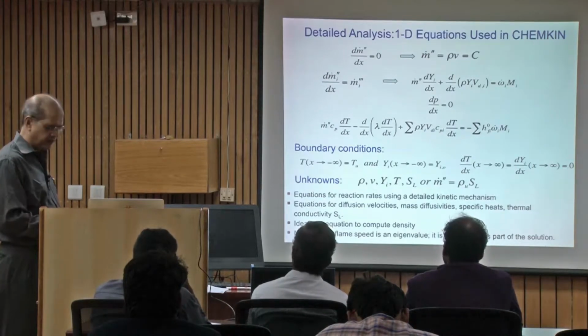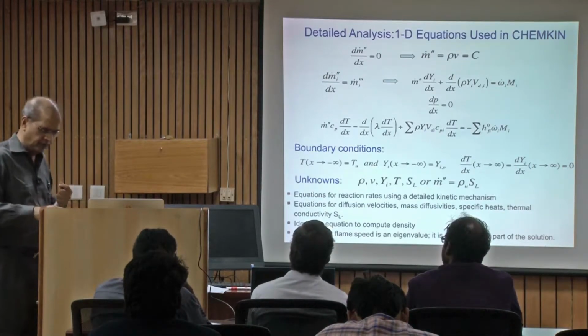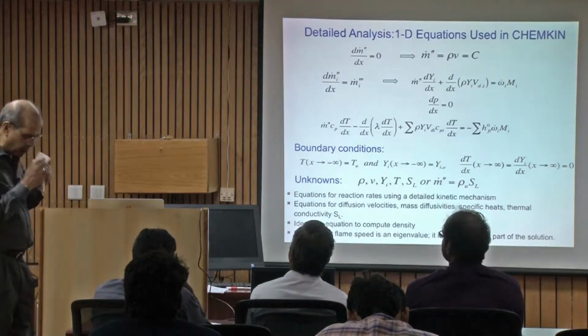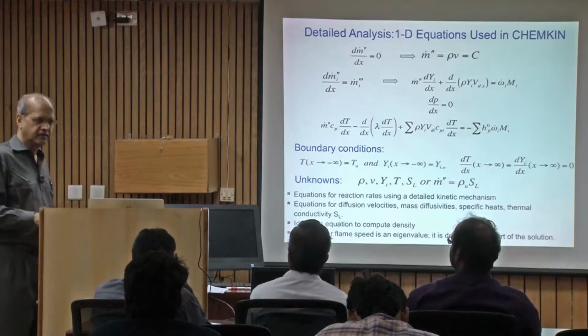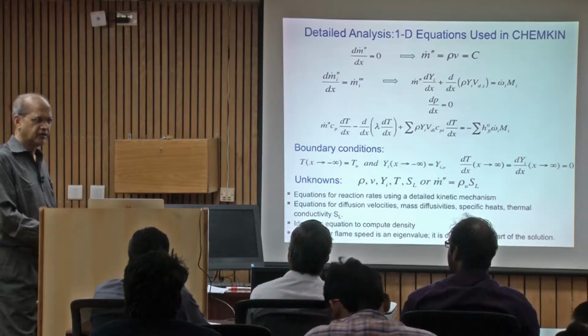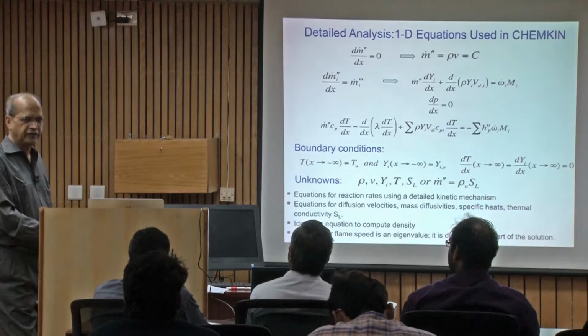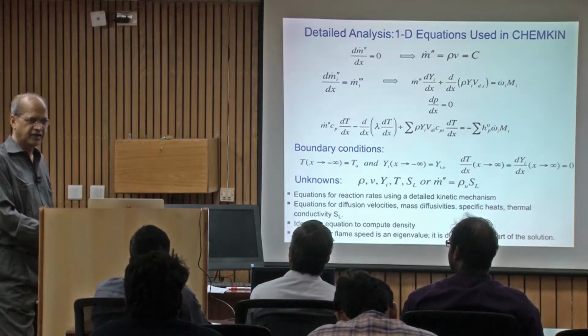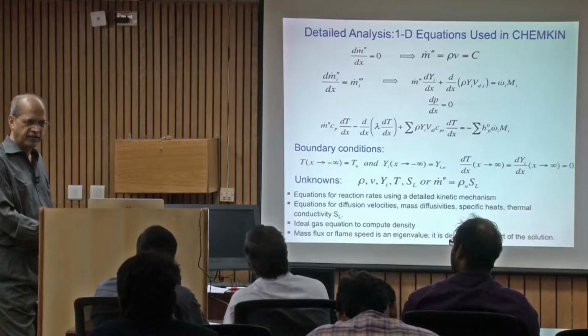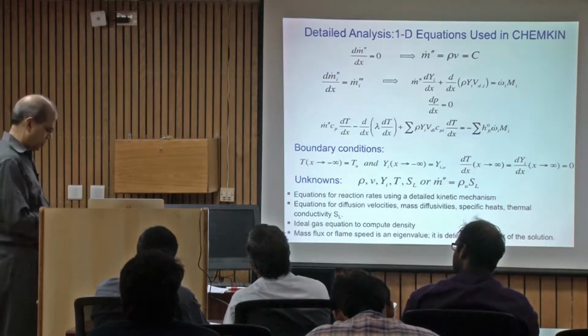Now what you need for doing this, if you use this software, remember you need 3 files other than the software. Remember what those 3 files are? The kinetic, the reaction mechanism file, then the thermo file and the transport file.